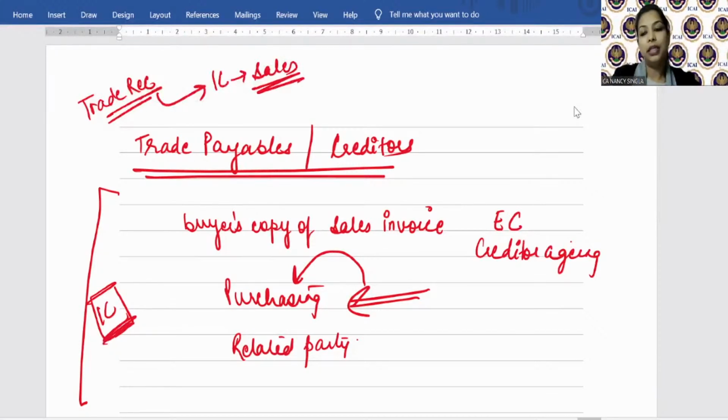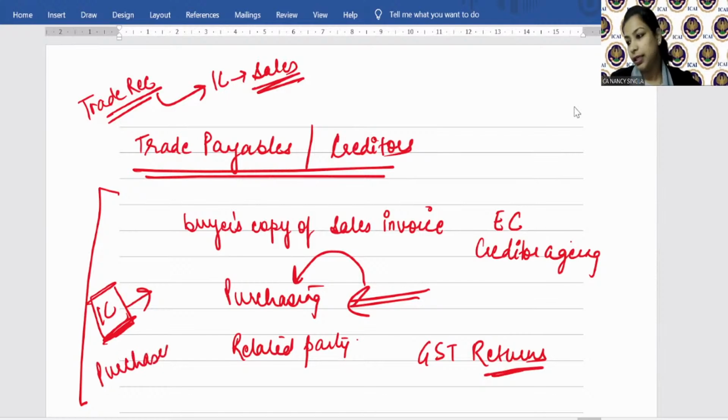Now here, internal control with respect to the GST returns, absolutely correct. That could have come there also. Tell me, internal control with respect to purchases, absolutely correct. Then aging report, right? Okay.